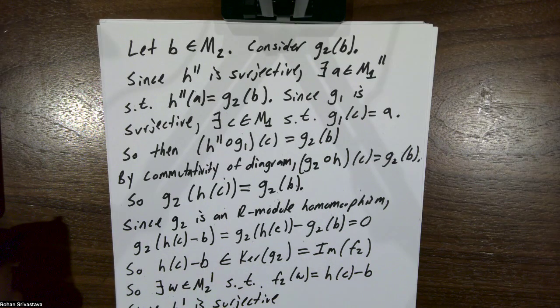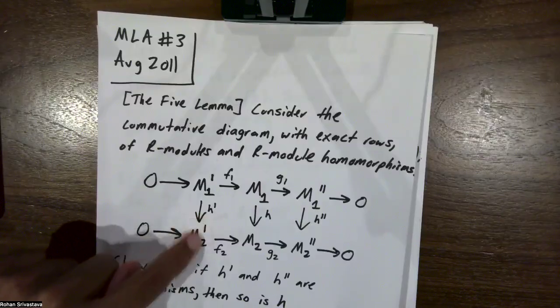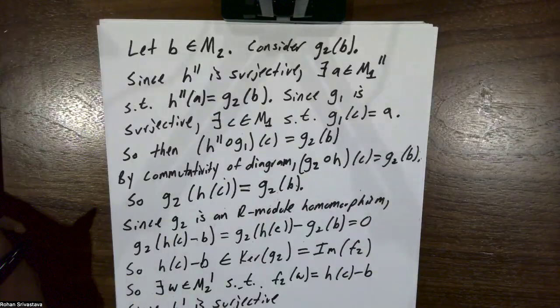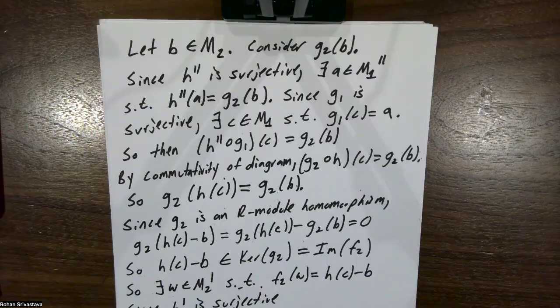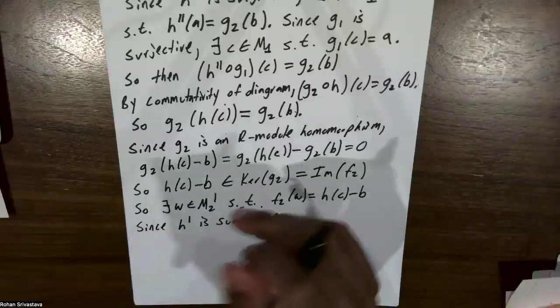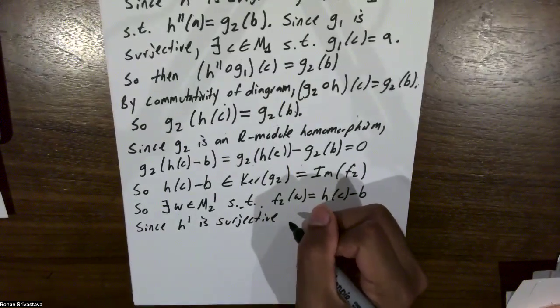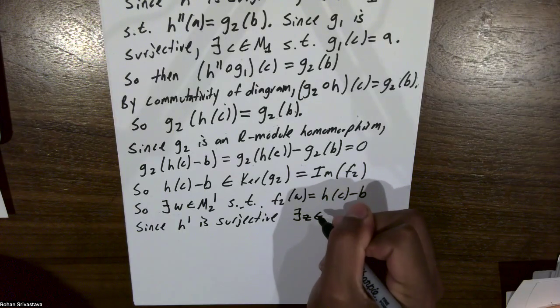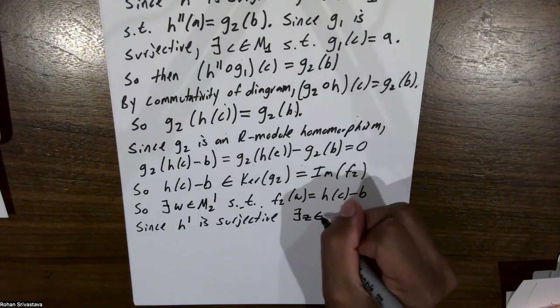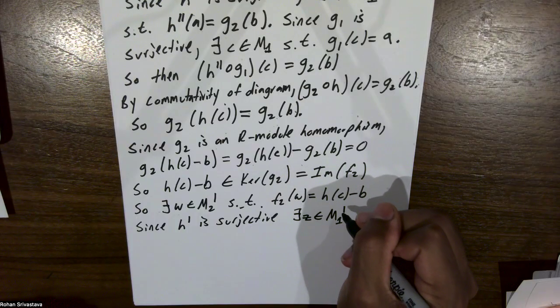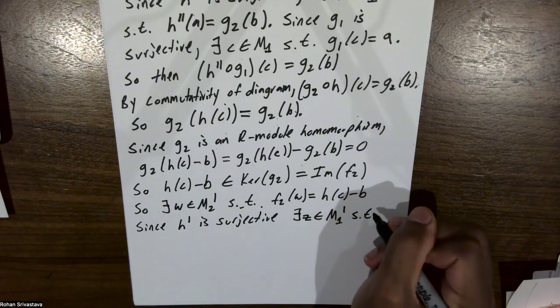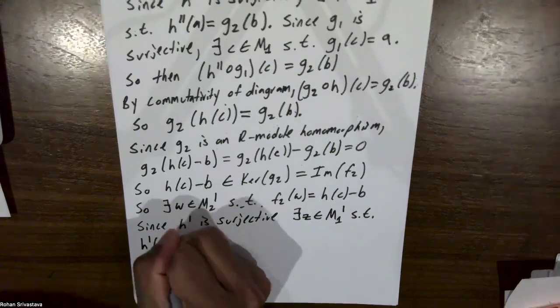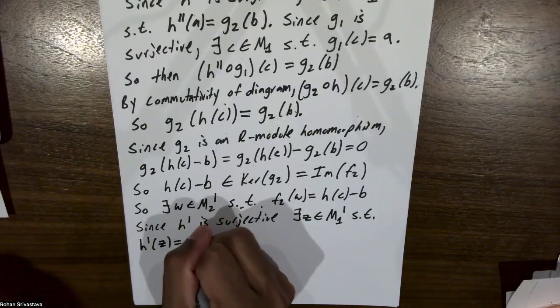So W is living in M2 prime, H prime is surjective, so we can get something in M1 prime that maps to W. Let's call that Z in M1 prime, such that H prime of Z is equal to W.